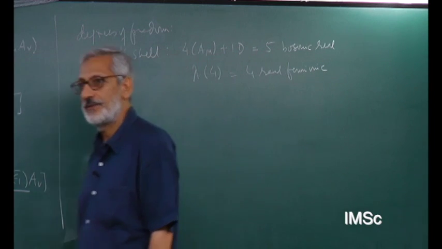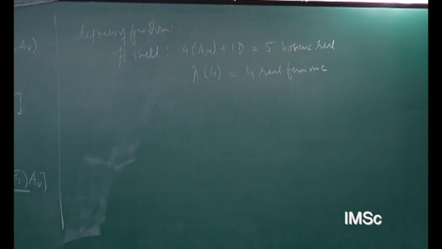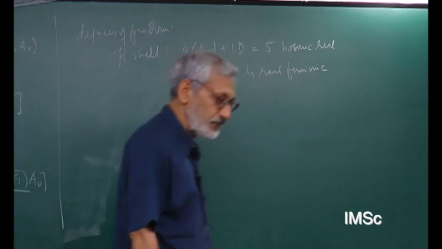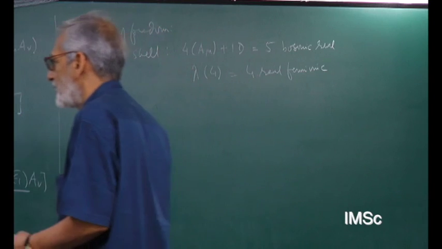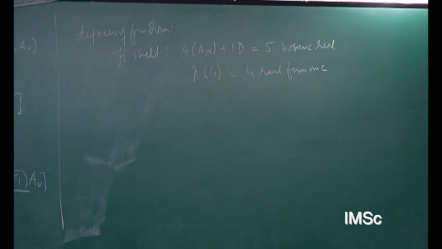So there is a mismatch. Both these facts, this one and this one, that there is no matching of Bose-Fermi degrees of freedom, is a reflection of the fact that the supermultiplet that we have written here is not a complete off-shell supermultiplet.